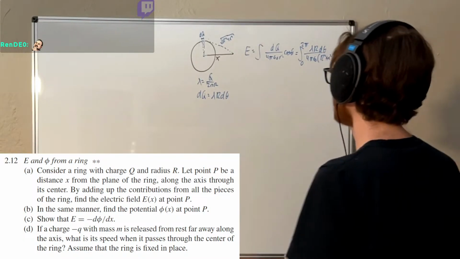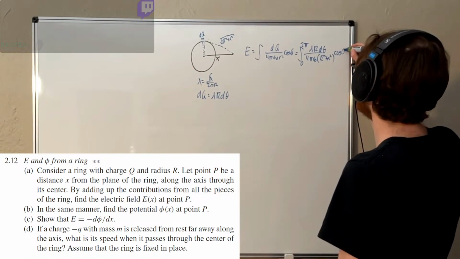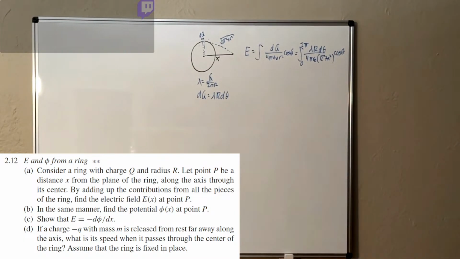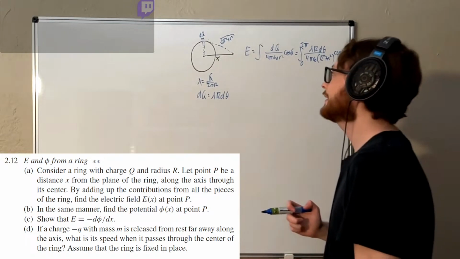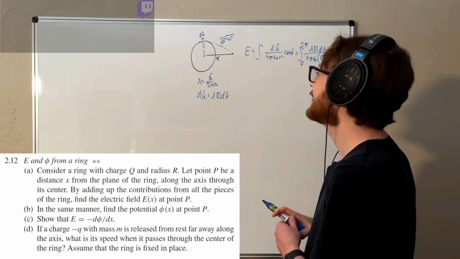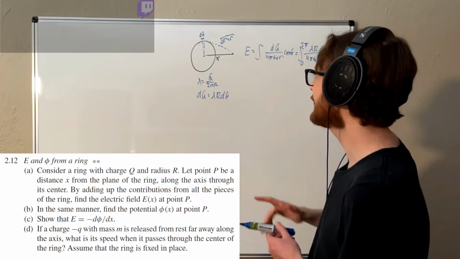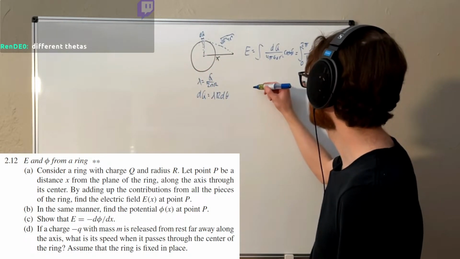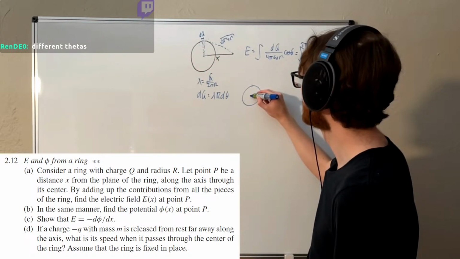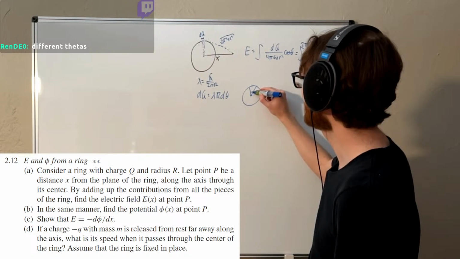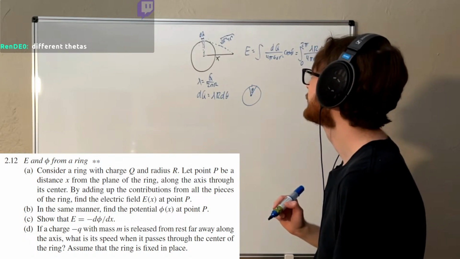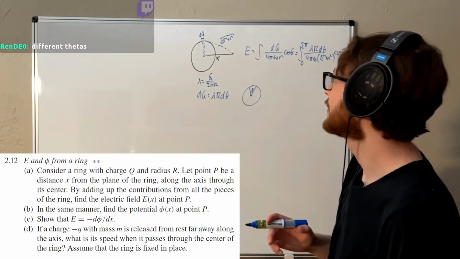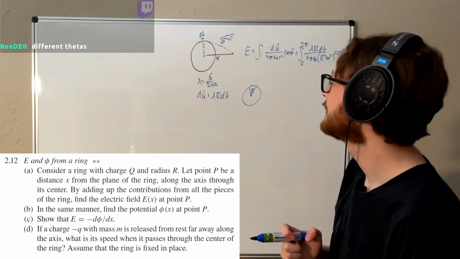I forgot the cosine theta a second time. Okay, there. Okay. Am I being sloppy about how theta is defined? Because I was thinking theta is the angle on the ring. Like I was saying that theta is this angle. X isn't involved at all in that theta.